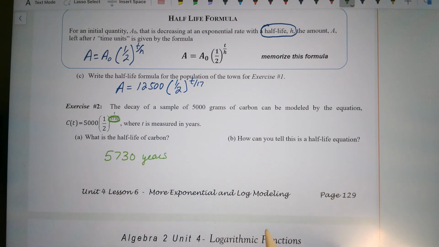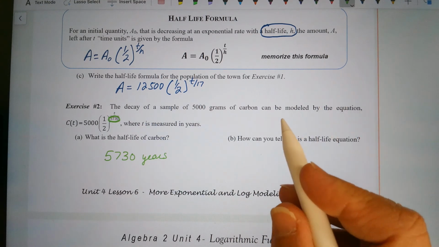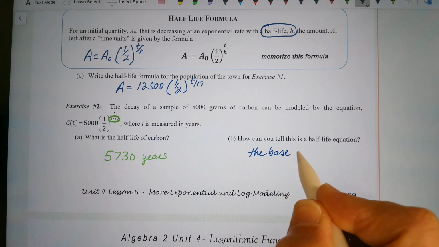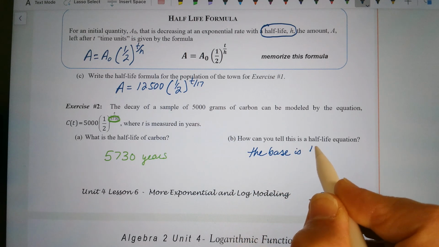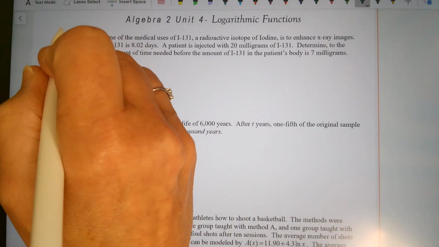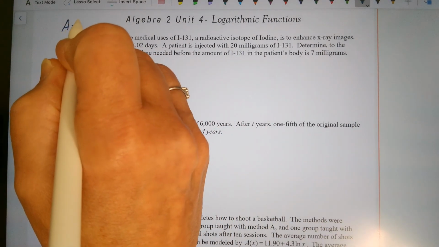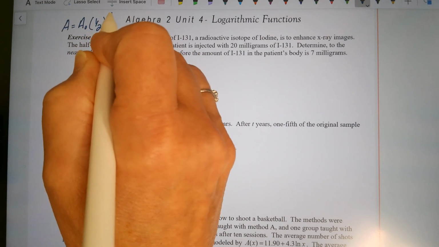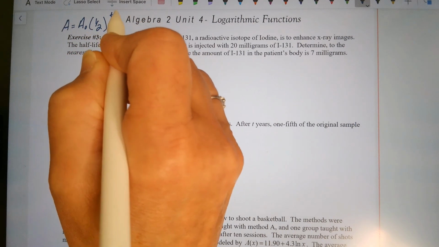How can we tell this is a half-life equation? The base is a half. Half-life formula: A equals a sub 0 times 1/2 raised to the t divided by h.